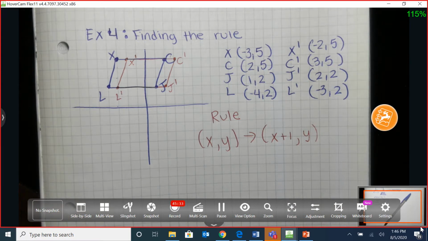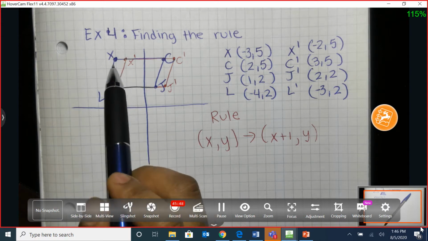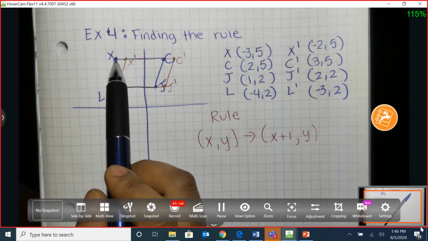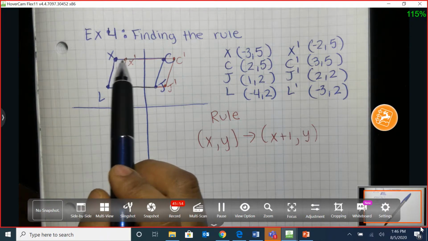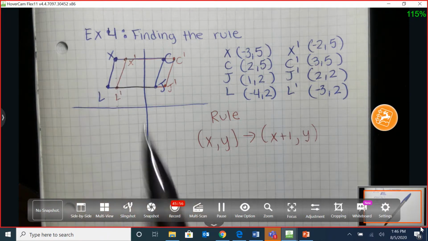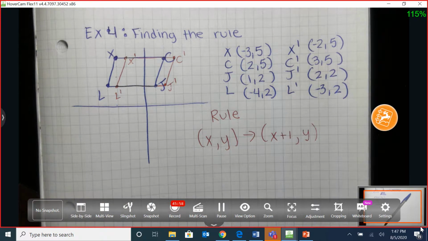So therefore it just stays as y. Questions? Are we confused? I'm assuming no. So here we went right. If we had gone left, obviously it would be x minus on the other side. That's it with this one, super simple.